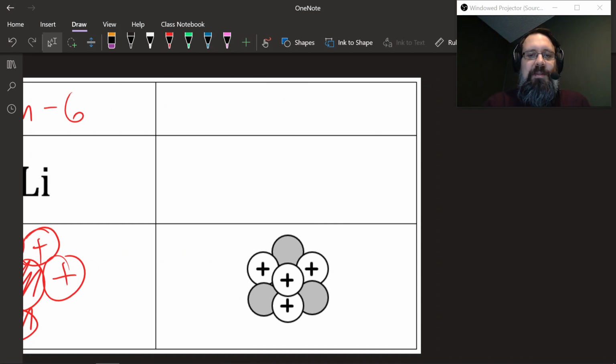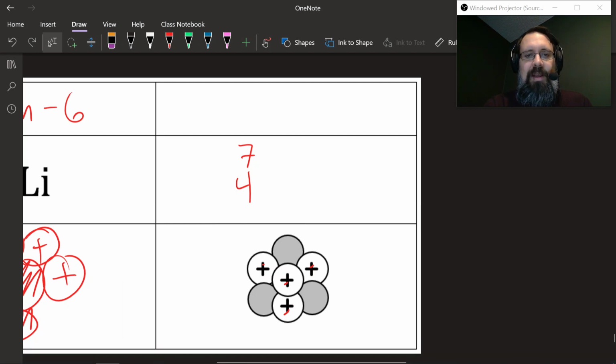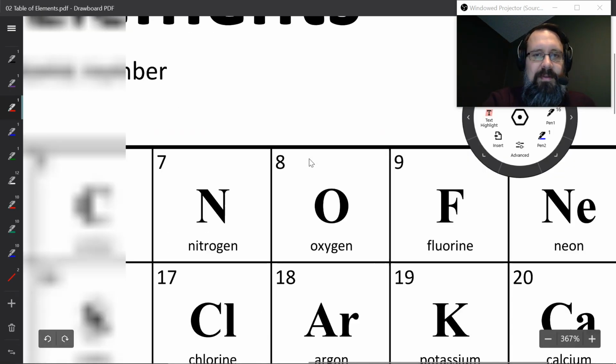So the first thing we do is count how many nucleons there are. So there's 1, 2, 3, 4, 5, 6, 7. And then of those 7, how many protons? 1, 2, 3, 4. And then we have to figure out what this is. So I'm going to look up on the chart. Which number do I look up to tell me the name of this element so I can write the chemical symbol? Do I look up 7 or 4? You look up the 4. So let's go see.